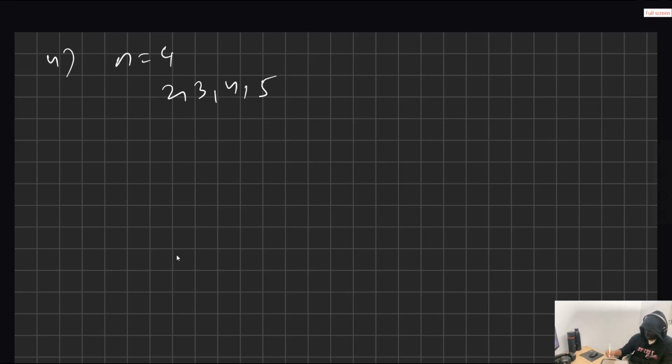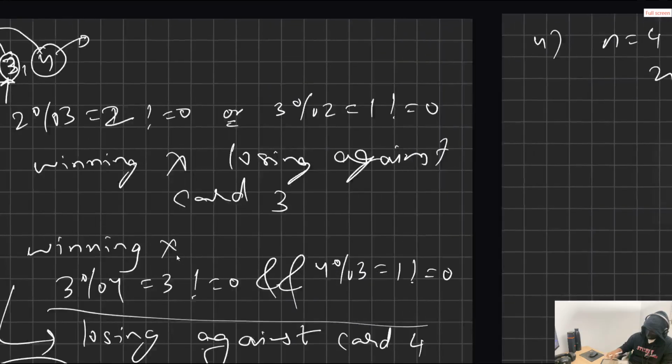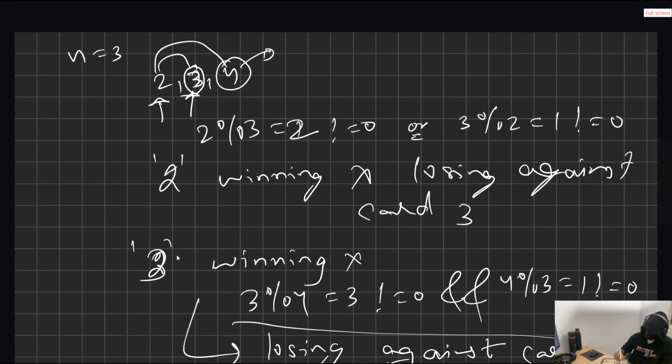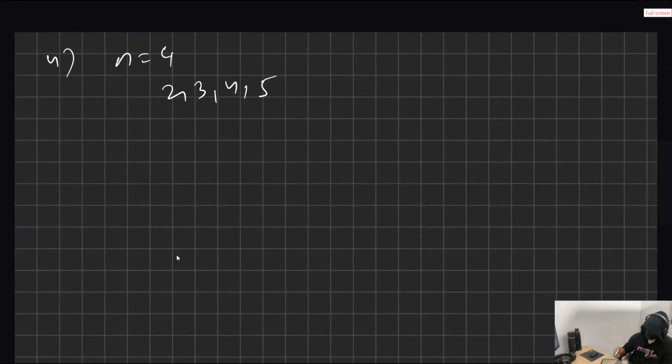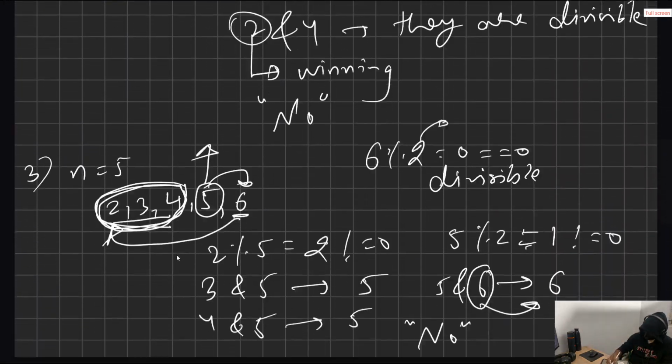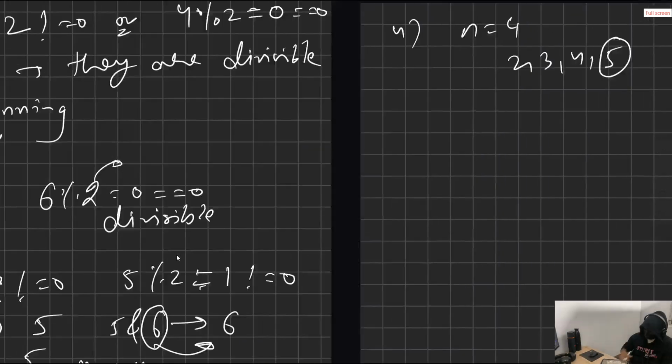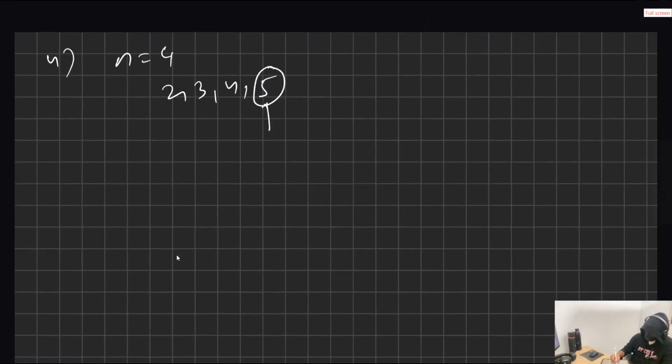Your cards are these, and you have already seen that among 2, 3, 4 no card is winning, but 5 was winning against 2, 3, 4. So definitely this 5 can be a winner against all other cards. In this case we definitely have an answer.